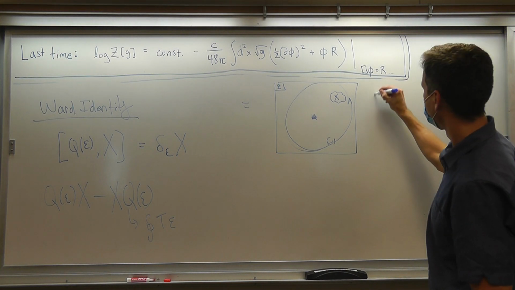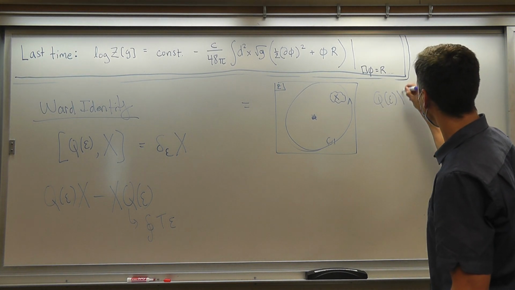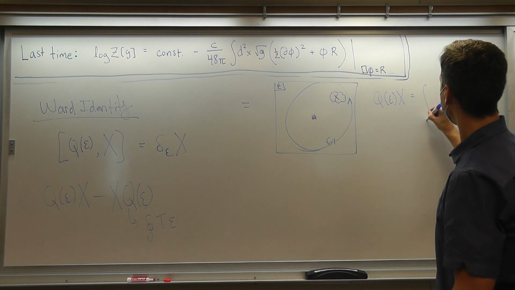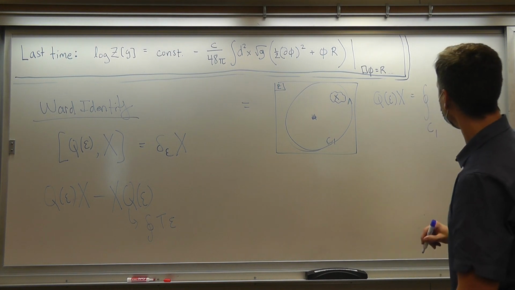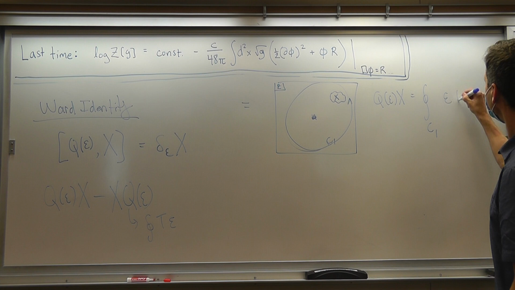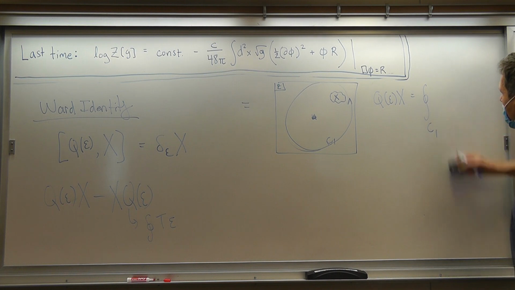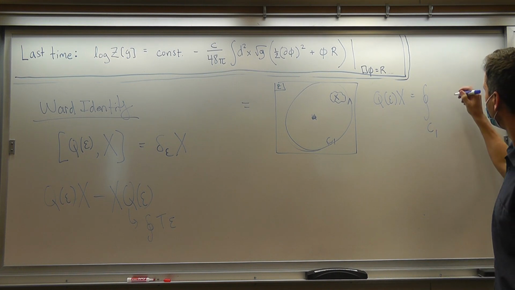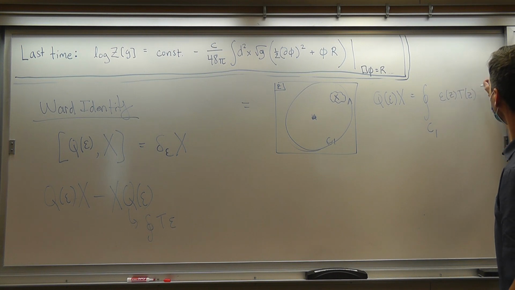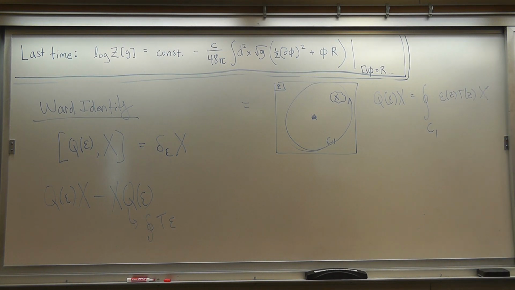So Q of epsilon X is the integral over C1 of epsilon T X. Let me write the arguments there because that'll get confusing: epsilon of z, T of z, X, integral dz.